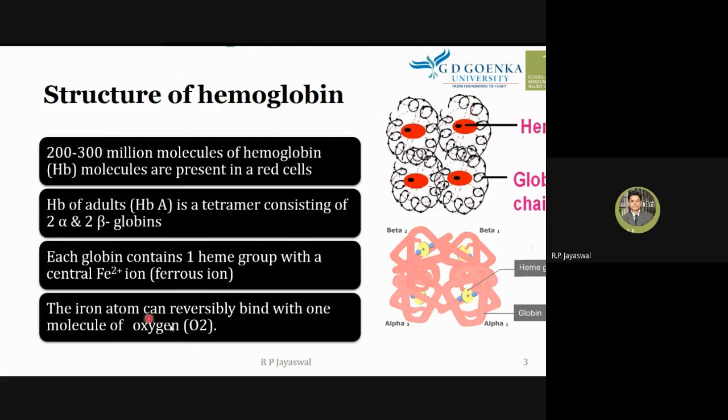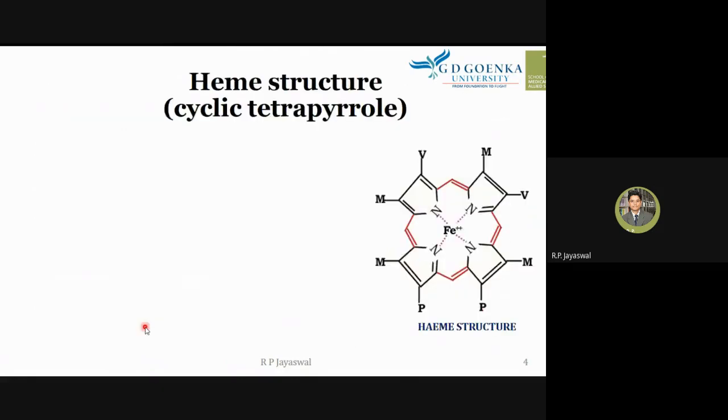This is the function of iron: it can bind and it can release oxygen molecules. When iron binds with oxygen, the hemoglobin becomes oxyhemoglobin. When there is no oxygen bound to the hemoglobin, we say it is deoxyhemoglobin. So that is the structure of heme.